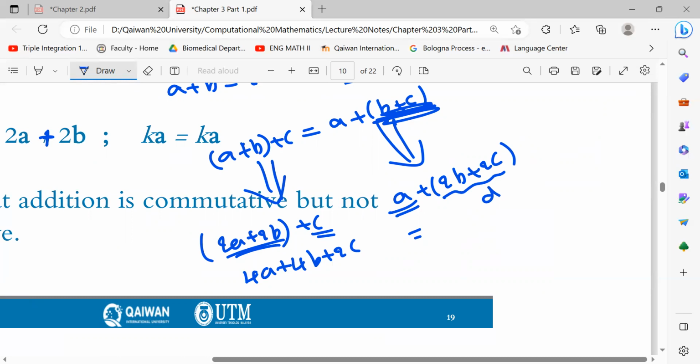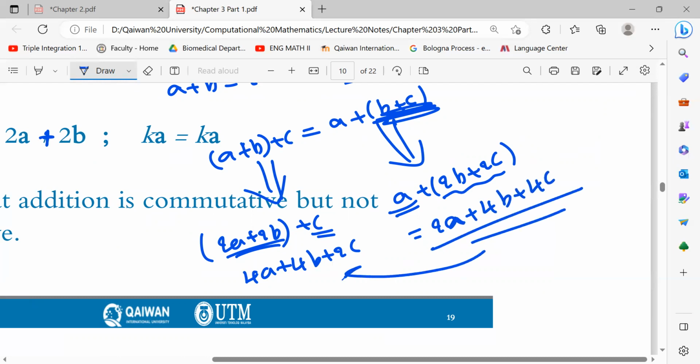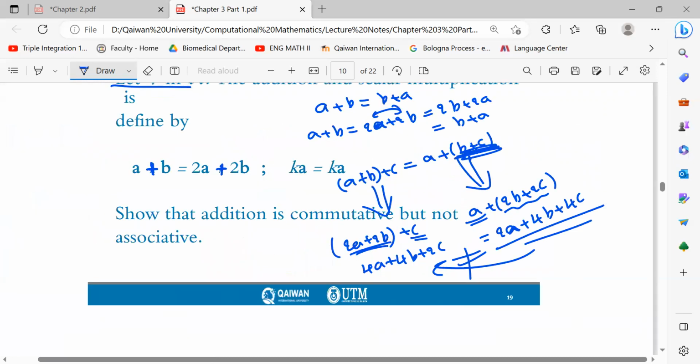It's 2a plus 2d. We apply the definition. So it's 2 times a plus 2 times the bracket, which is 4b plus 4c. Is it equal to this one? No. They are not equal. That means these two are not equal, so it's not associative.